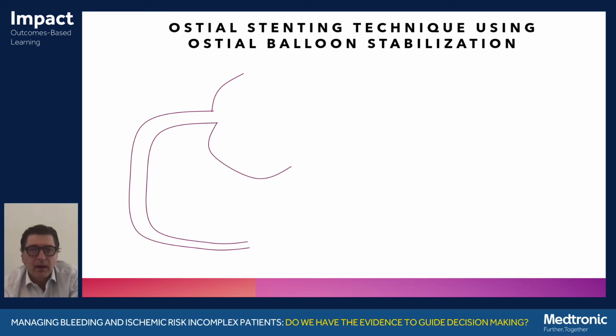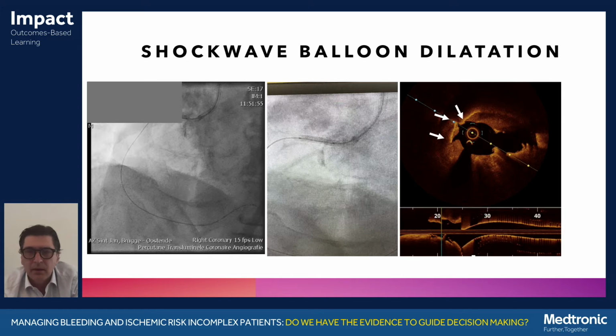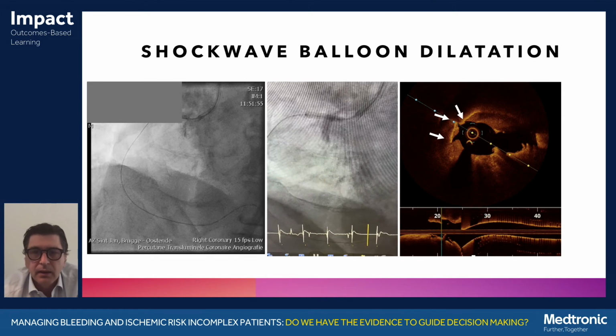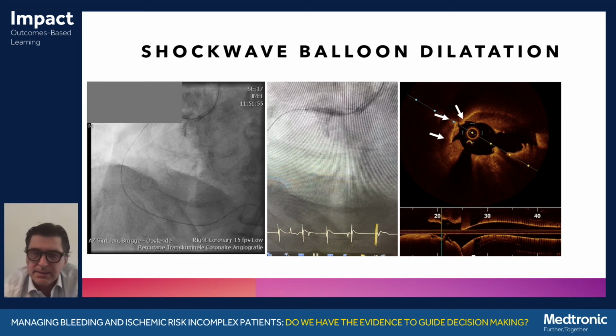Elvin, even looking at the OCT long axis, you can see that the opening is much wider at this stage. Yes, it is, as well as those fractures. It looks like you've done exactly what you needed to do to prepare the landing zone for the stent here.